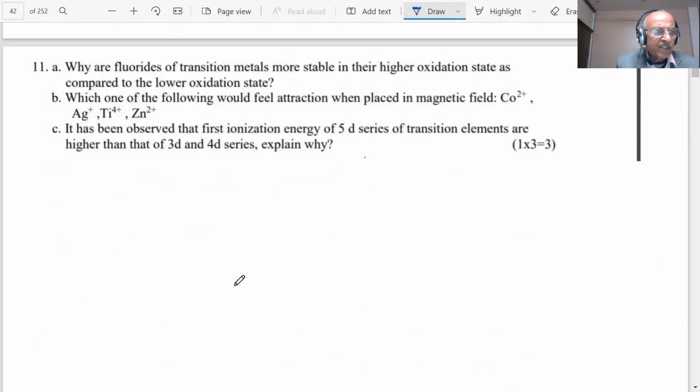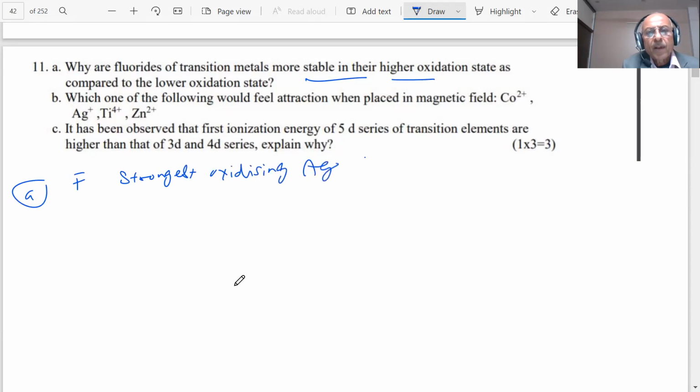Next question is coming on the screen, student. Why are fluorides of transition metals more stable in their higher oxidation state? You already know fluorine is the strongest oxidizing agent, and it will form the higher oxidation state. What will happen?